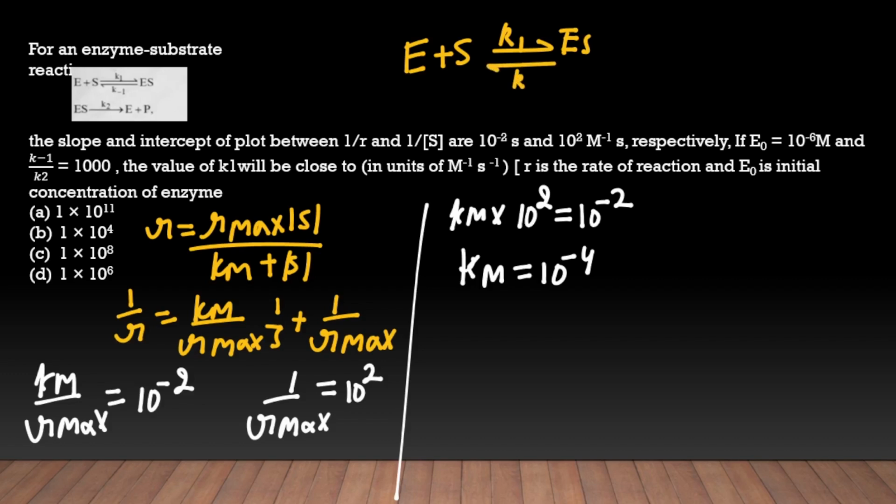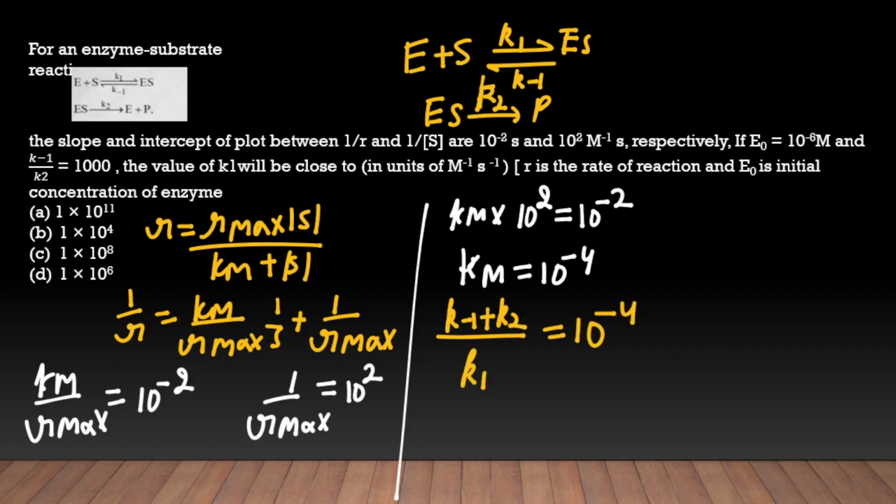Its deformation takes place with k inverse, and ES is converted to the product P with rate constant k2. So it is deformed with k inverse and k2, so k inverse plus k2, and it is formed with rate constant k1. This is equal to 10 raised to the power of minus 4.